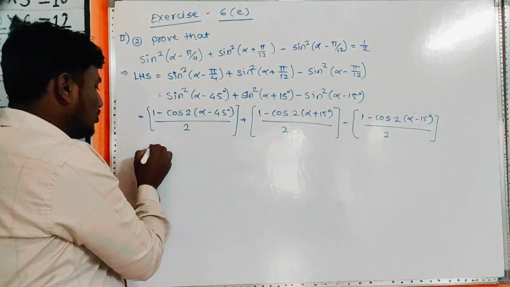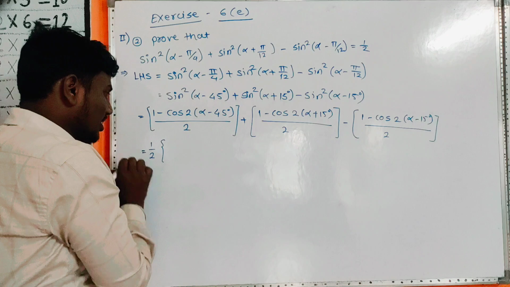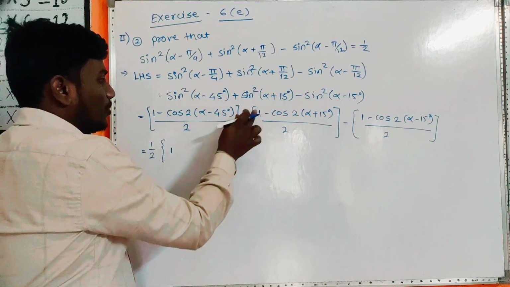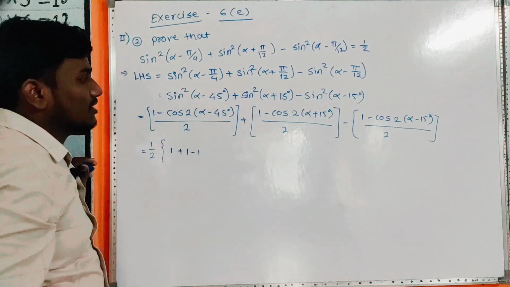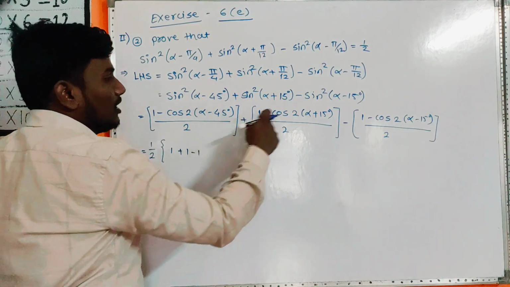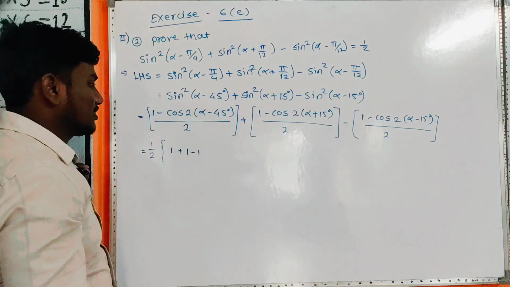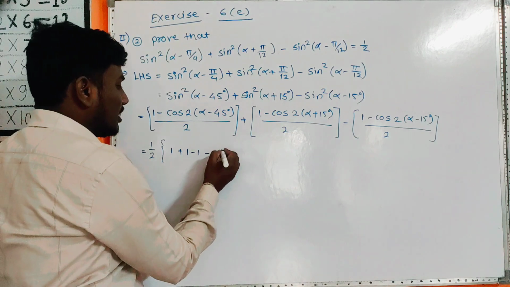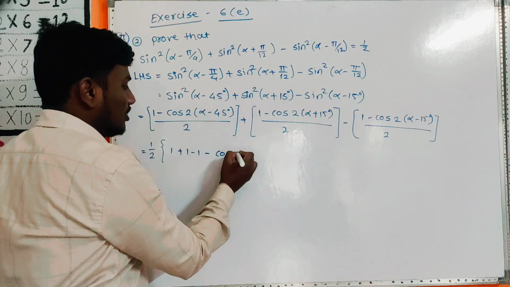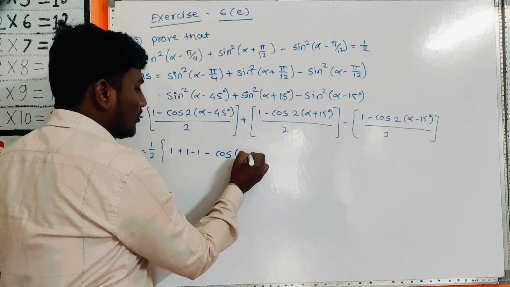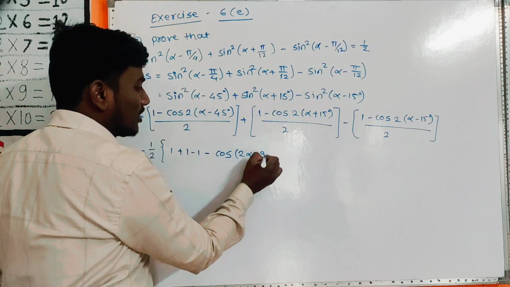So we take 1/2 as common. What is remaining? 1 plus 1, this minus 1. Is it clear? This plus 1 and this minus 1 as it is. So what is remaining? Minus cos (2α − 90 degrees).